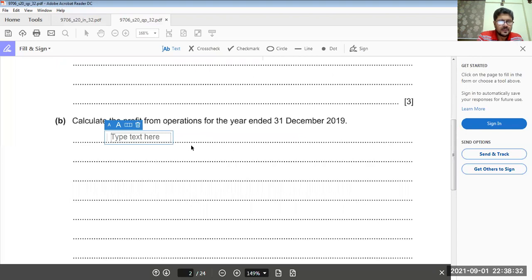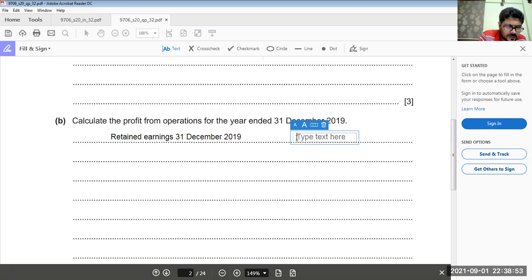Now, retained earnings at end, means 31st December 2019. Amount is how much? Amount is 61,700. Now what we have to do?